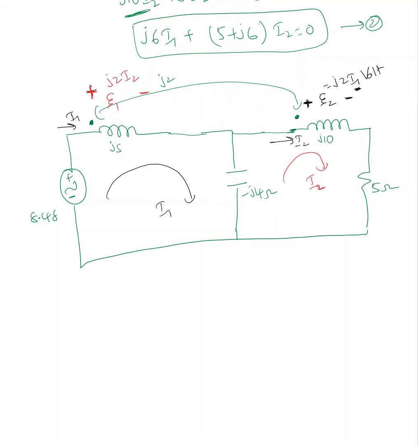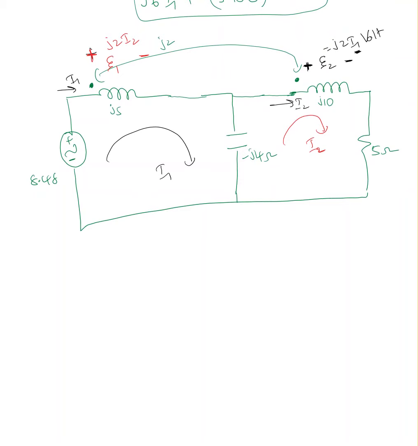Now once I have the E1 and E2, I'm going to replace these dots and the mutual inductance with a dependent source. So I'm going to replace this with E1. Which side is plus? This side is plus, here is minus. This is J2 I2.